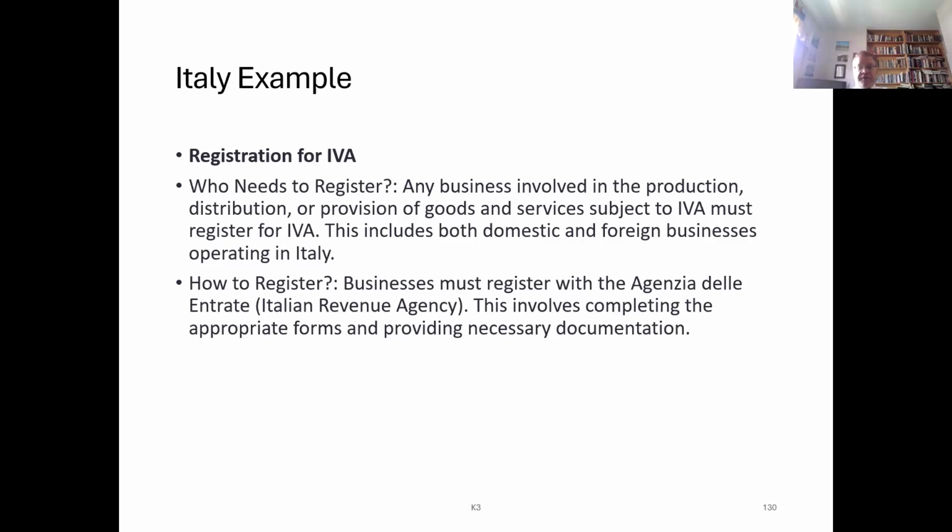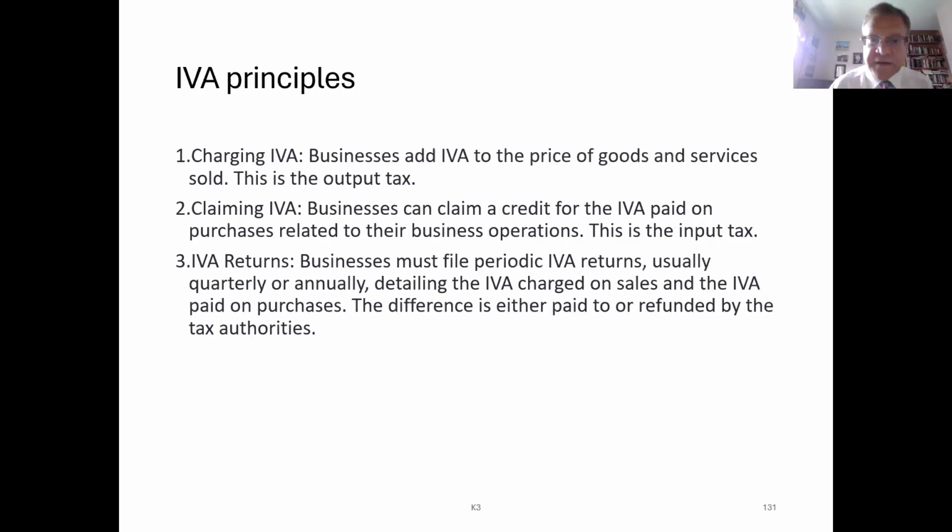Any business involved in the production, distribution, or provision of goods and services subject to IVA must register for IVA. This includes both domestic and foreign businesses operating in Italy. How to register? Businesses must register with the Agenzia delle Entrate, the Italian Revenue Agency. This involves completing the appropriate forms and providing necessary documentation.